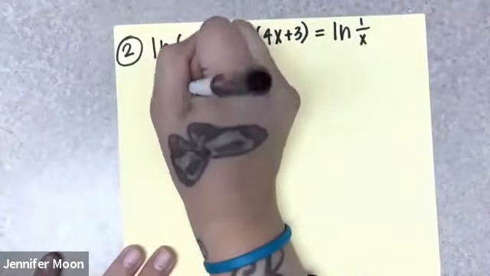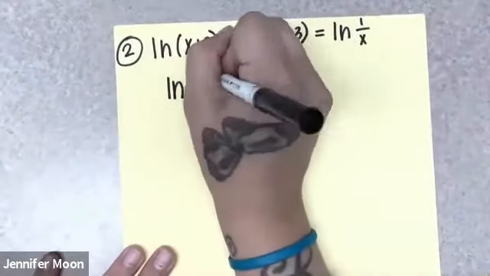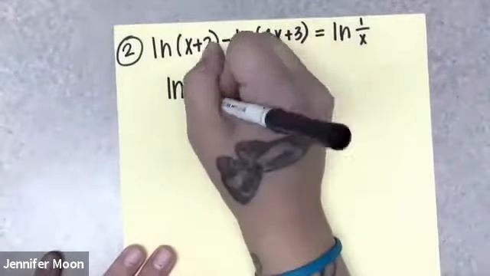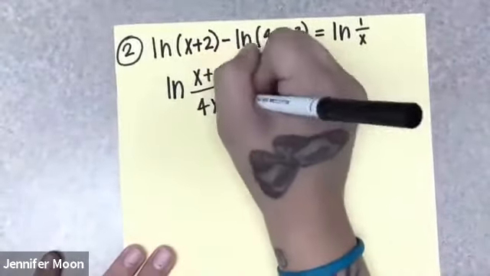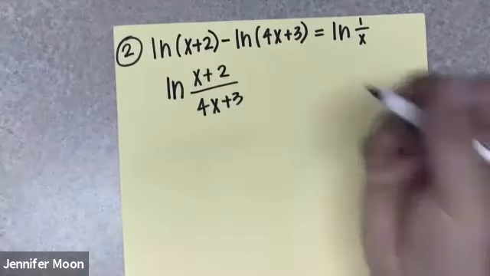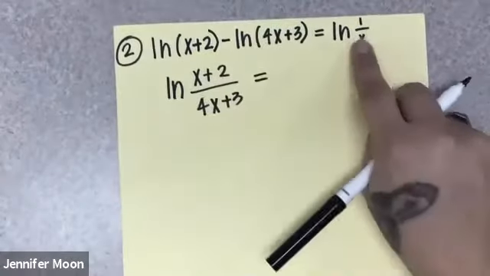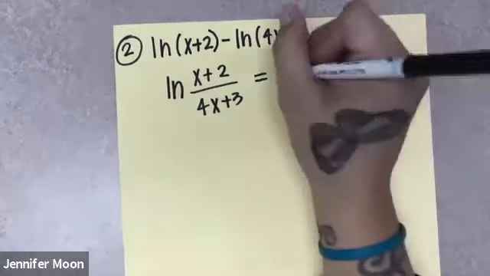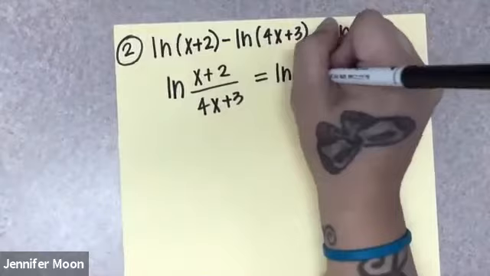You keep the log that you have. This is technically your m over n, but once you change its form, this whole fraction is just m. And then equal. The natural log of 1 over x, there's nothing else going on over there for me to condense, so I'm just writing natural log of 1 over x.